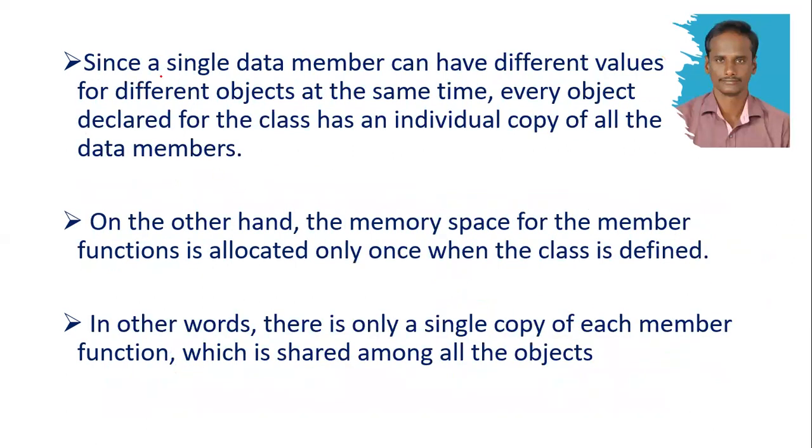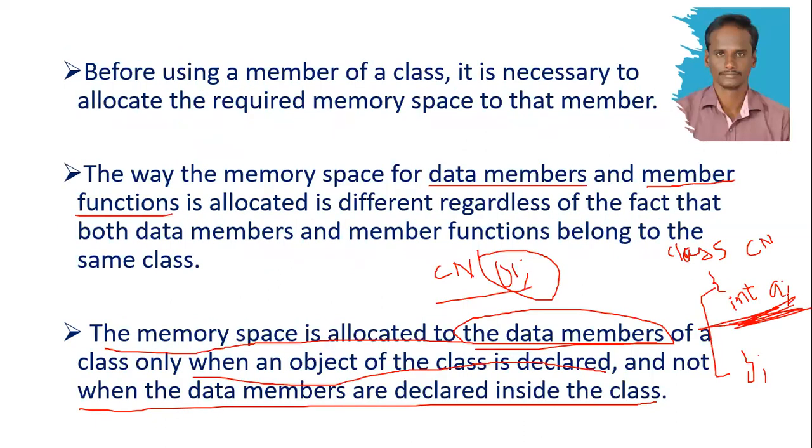And next, a single data member can have different values. For example, previously you declared a. a may take the value 10 at one point of time while executing a program. At some later point, a may have 50. At some later point, a may have 100 or 101 and so on.